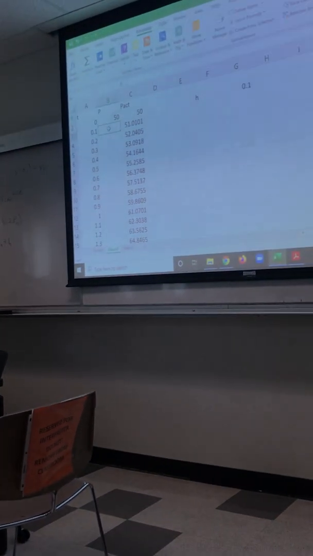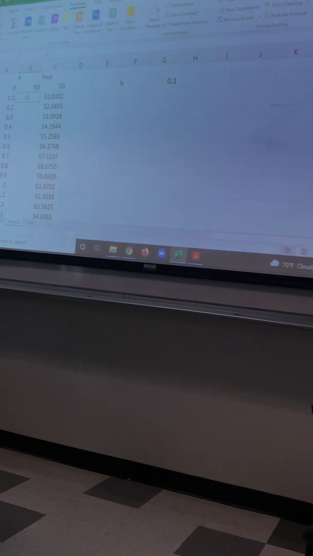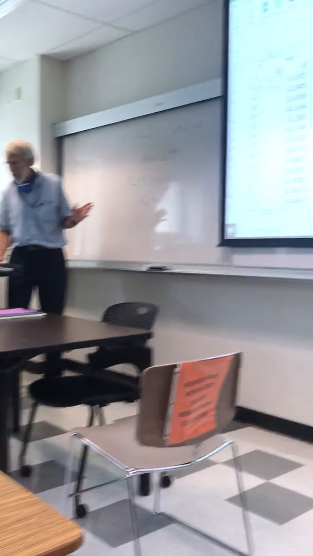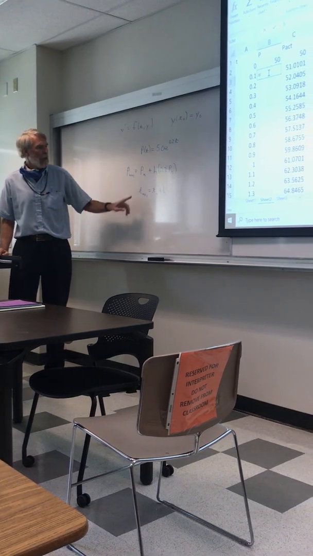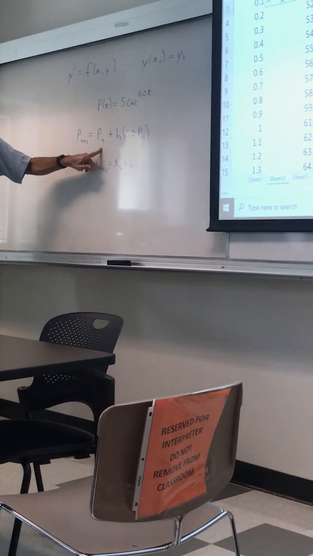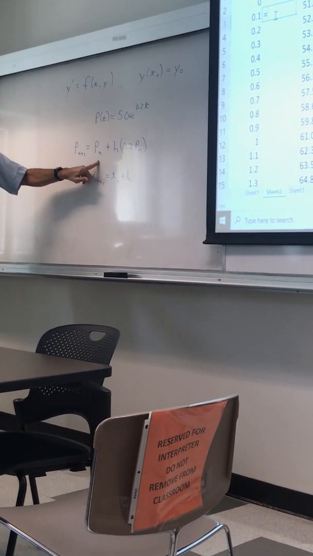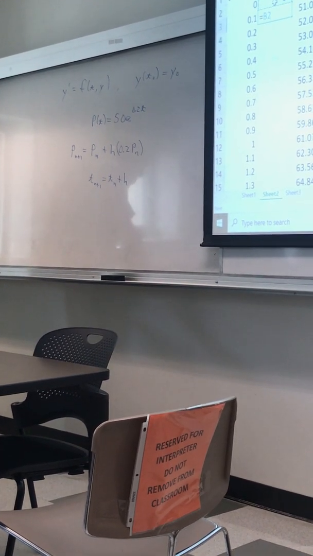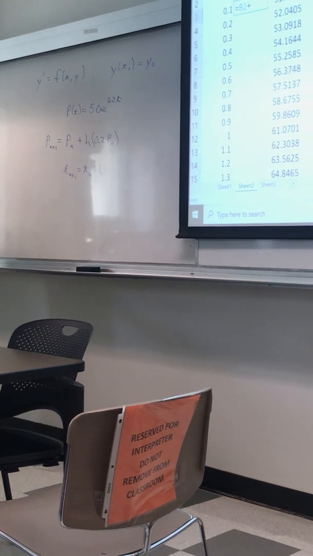Okay, now it should be just as easy to put in Euler's method, right? What is Euler's method? It equals. What does it equal? It equals the previous p-value. Where's the previous p-value? Right above it. Then what do I do? I add. What do I add?